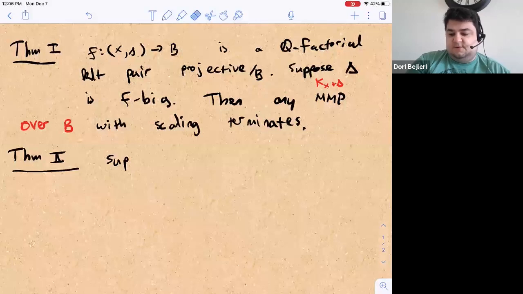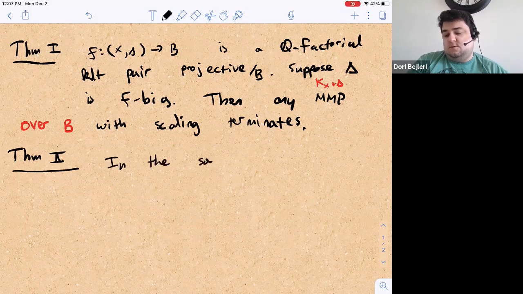So in the same setup, so (X, Δ) is projective over B, a Q-factorial KLT pair.